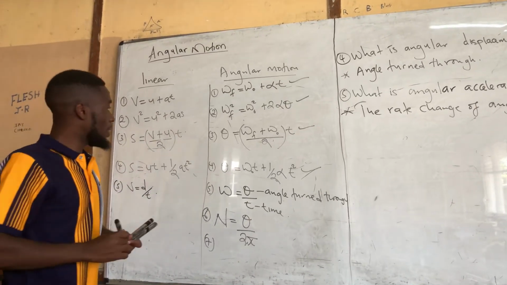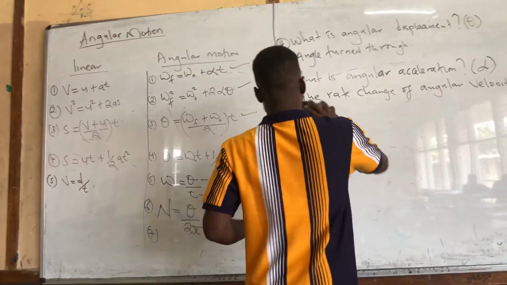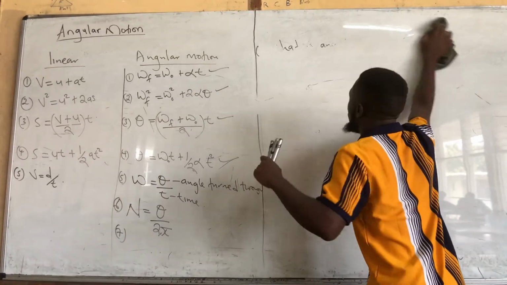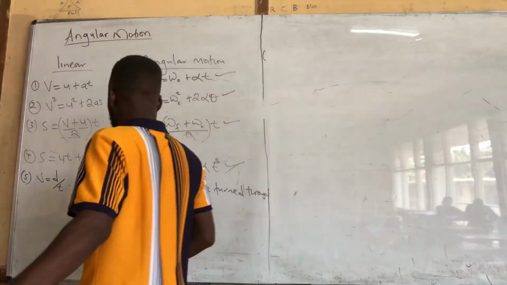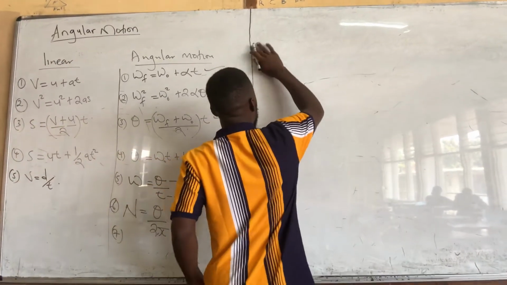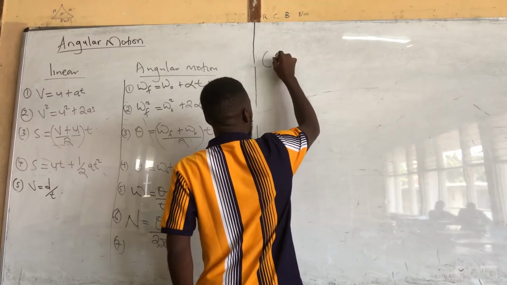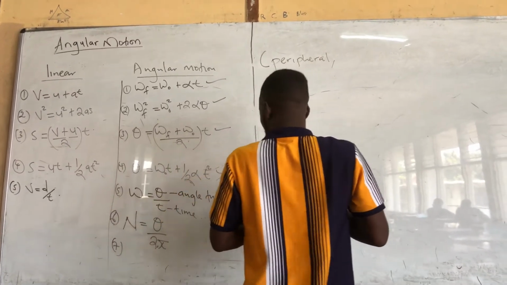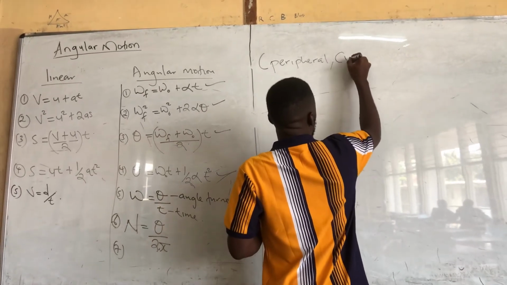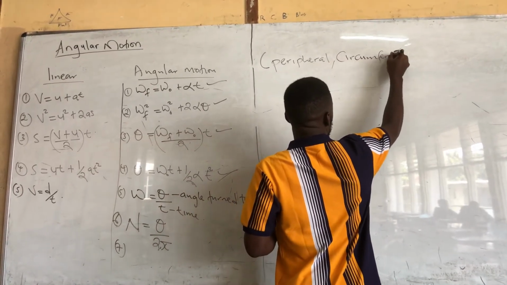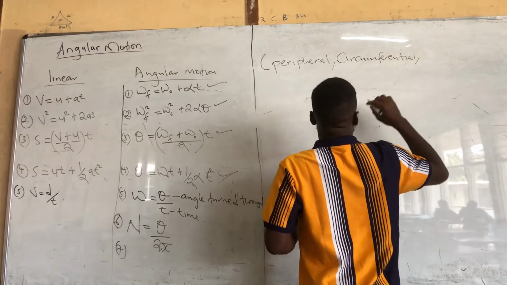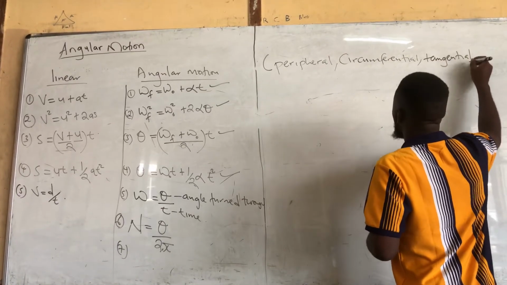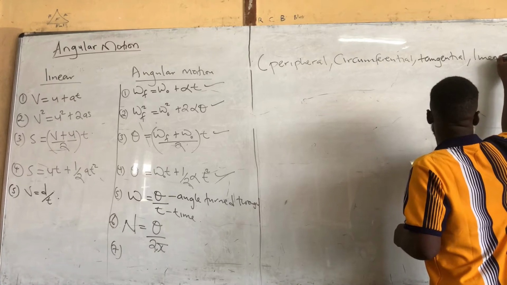Here they can use words like peripheral, circumferential, tangential, or linear.